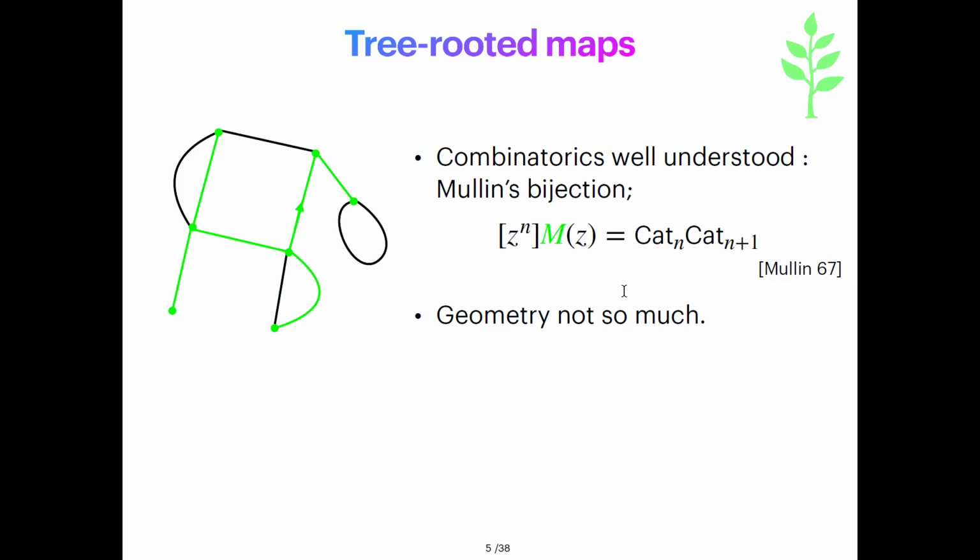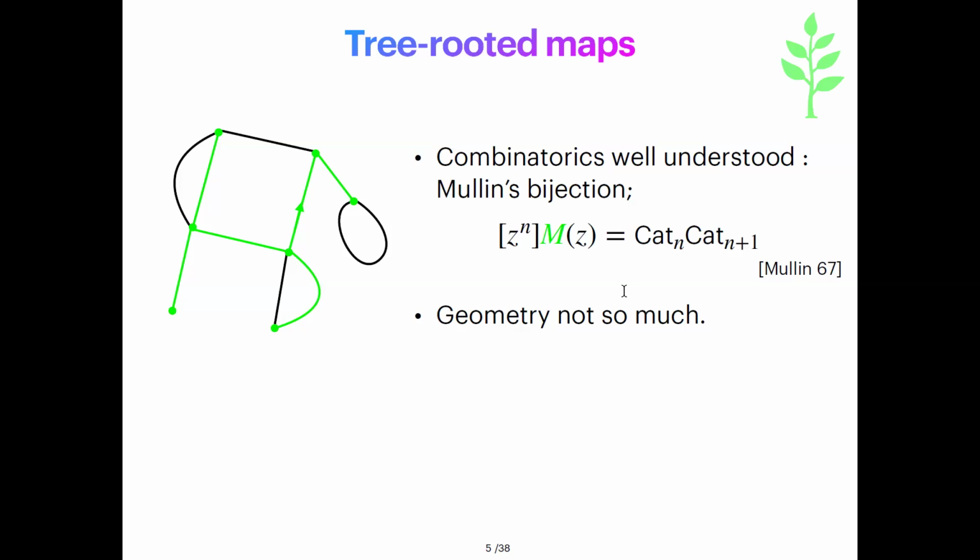So there are already interesting results that we can build on, especially with the combinatorics of tree-rooted maps, which is well understood through Mullin's bijection, which showed in particular that the number of tree-rooted maps of size n is Catalan n times Catalan n plus 1.